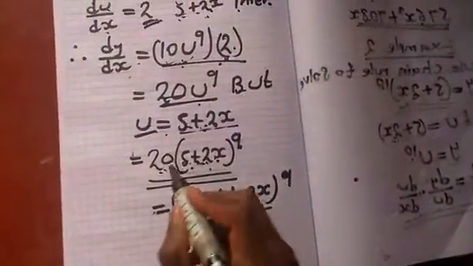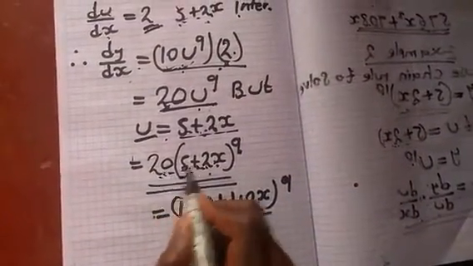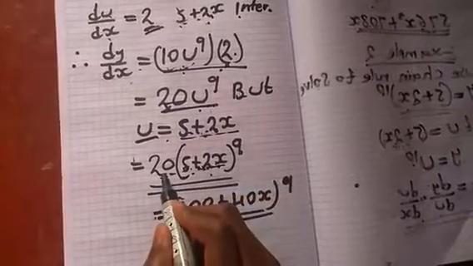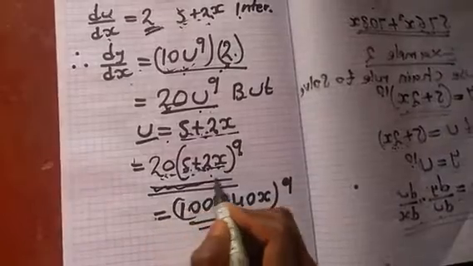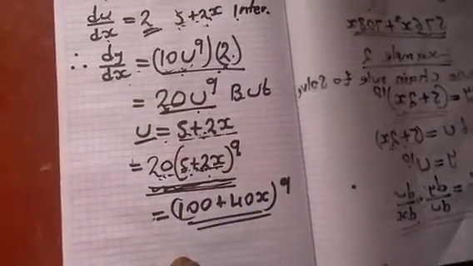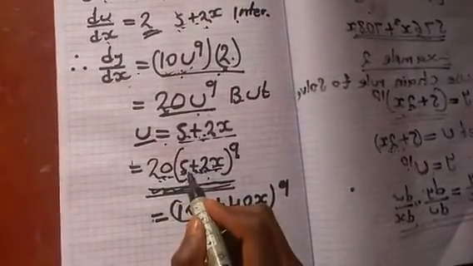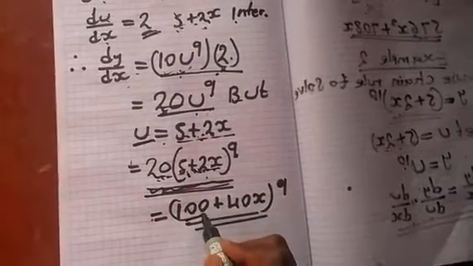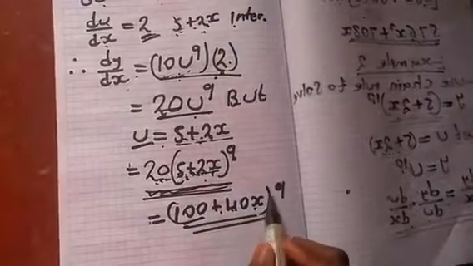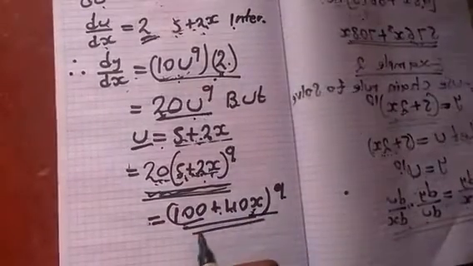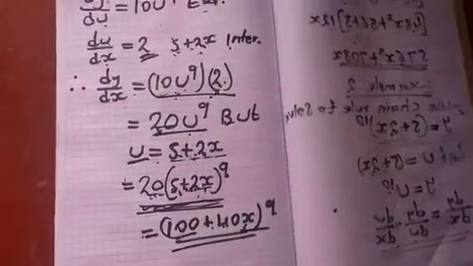We can go further by multiplying this 20 with this bracket, or our answer may just remain at this point, or we may multiply 20 by 5, which is 100, plus 20 by 2x, that is 40x, raised to power 9. And that is it about the chain rule.